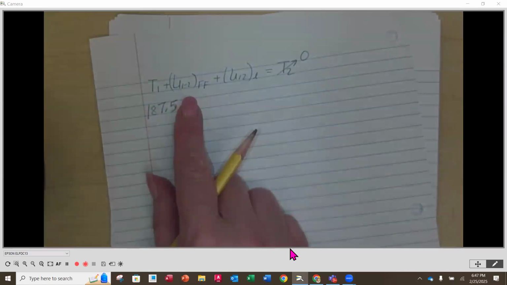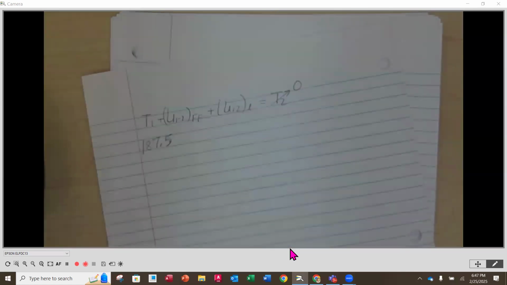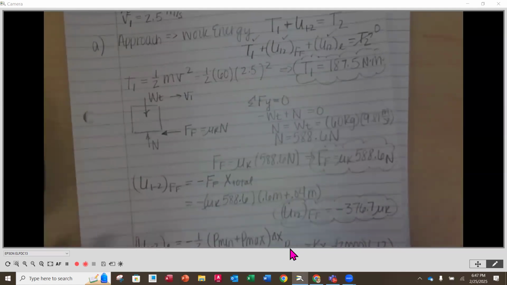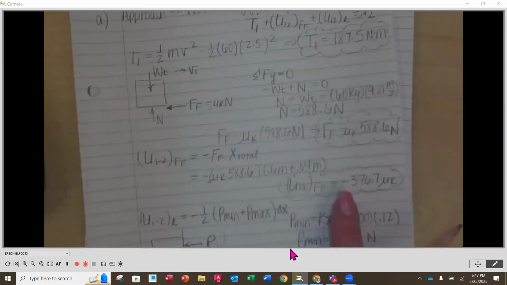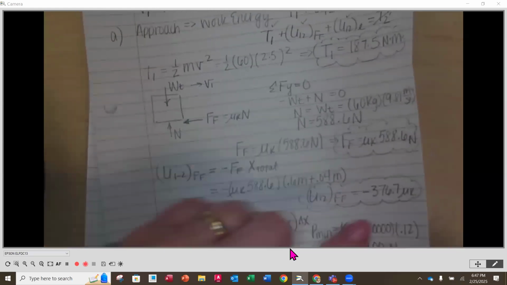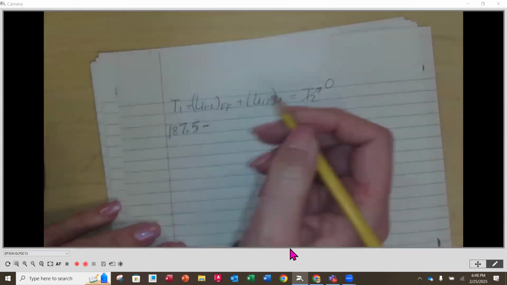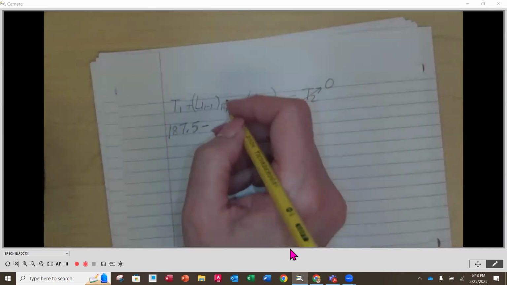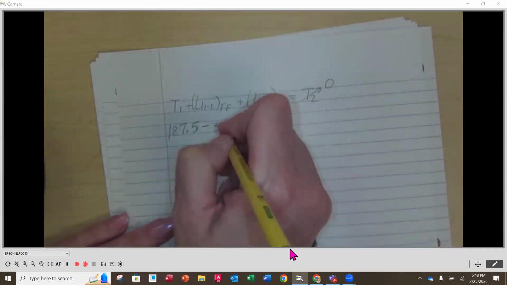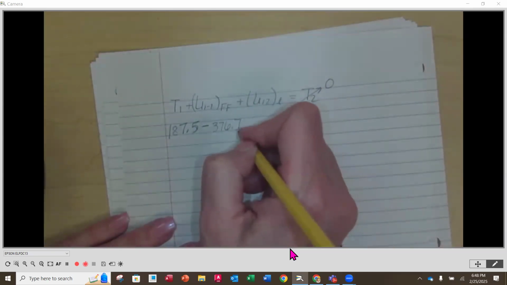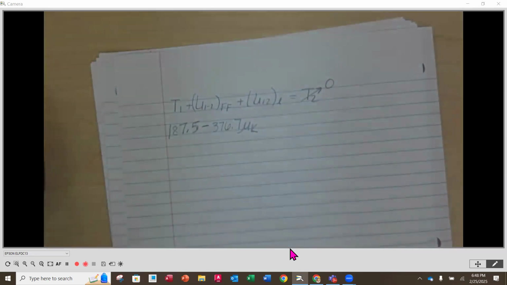My friction force, okay, it says plus the friction force, but the work done by my friction force was -376.7, and then it's multiplied by the kinetic friction coefficient. So we're going to do a minus 376.7, and that is going to have the coefficient of kinetic friction variable attached to it. And then we're going to do the elastic work.